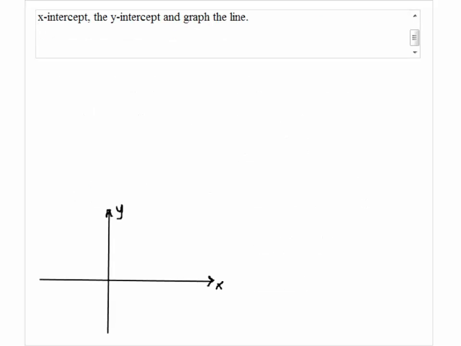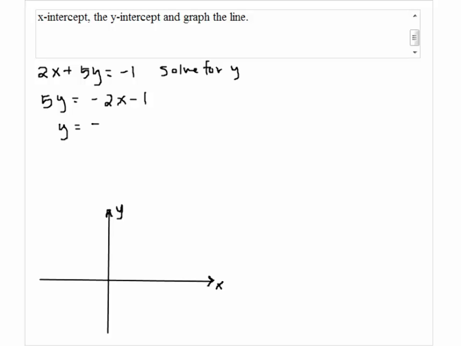Convert the equation 2x plus 5y equals -1 into slope-intercept form. Find the x-intercept, the y-intercept, and graph the line. First, we're going to solve 2x plus 5y equals -1 for y. So 5y equals -2x minus 1.